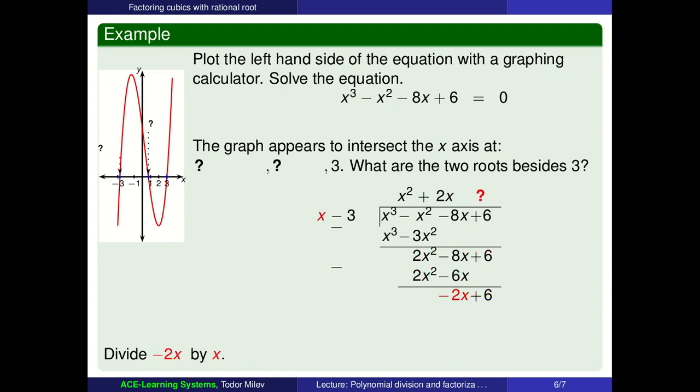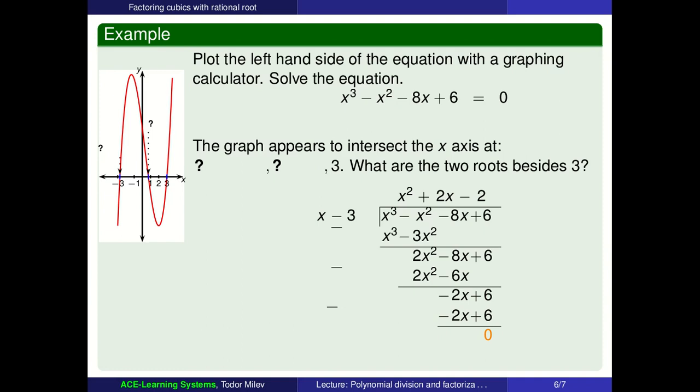Finally, take negative 2x divided by x to get negative 2. Negative 2 times x minus 3 equals negative 2x plus 6. Finally, we subtract the remaining two polynomials to get remainder 0. 0 is our remainder.